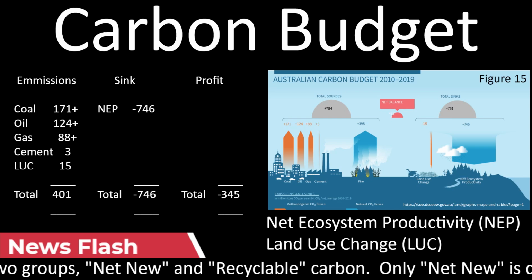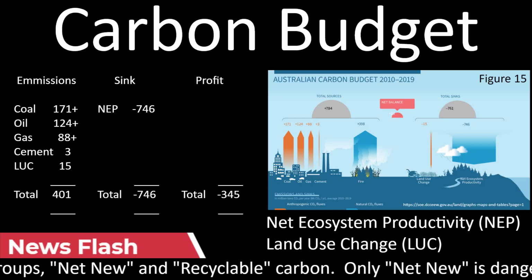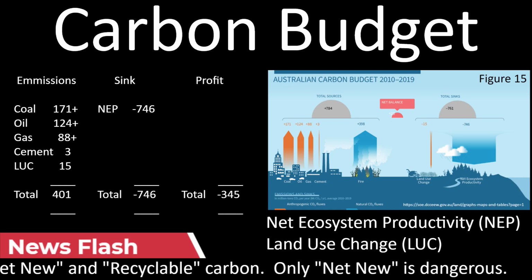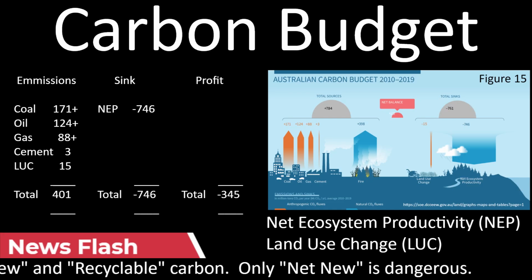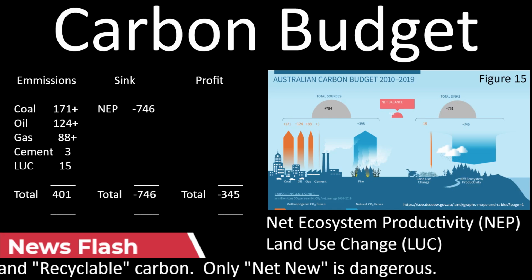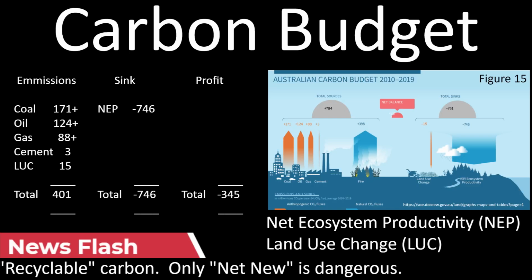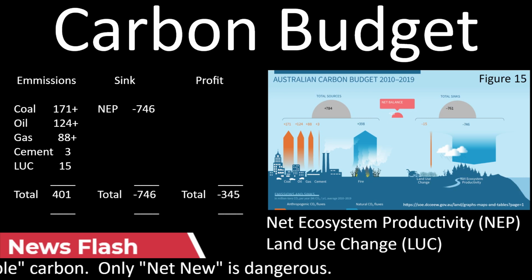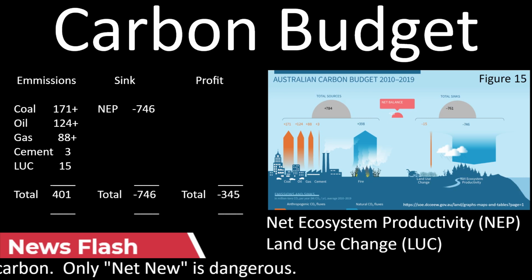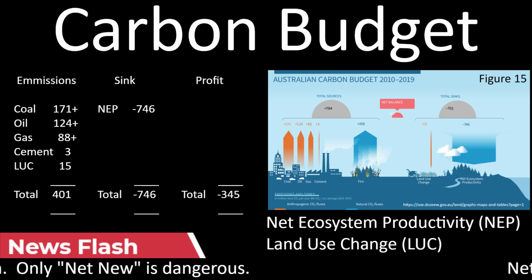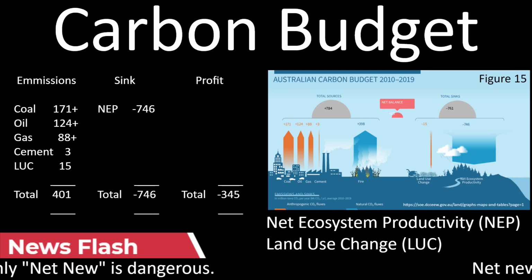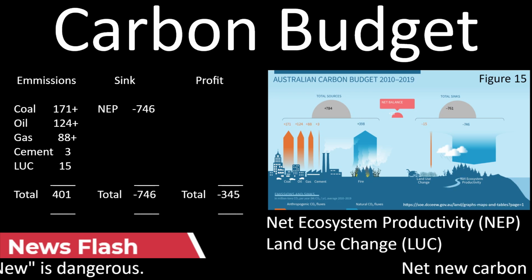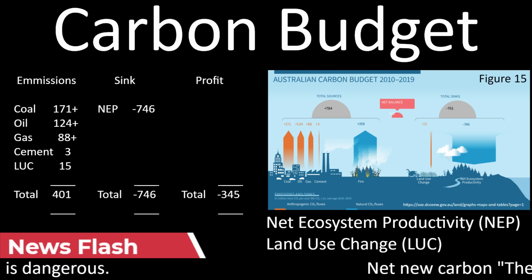It's coloured this way intentionally for this diagram to show that it's net new carbon. If we just simply put out a few fires every year with lots of appliances, we'll be in total a carbon sink. But really, the net new carbon is what we really have to deal with here.